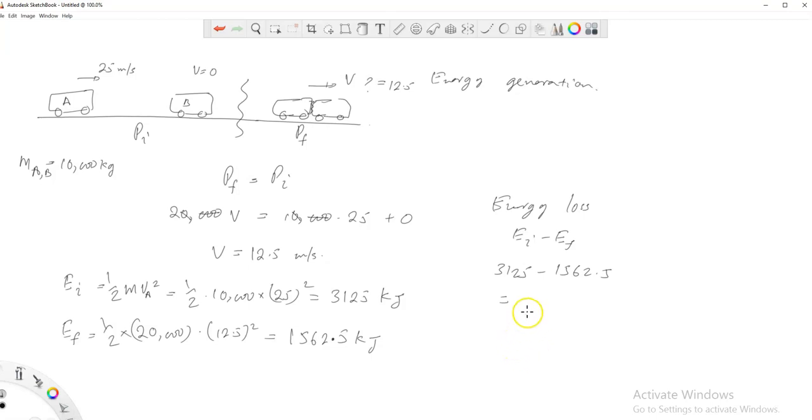Oh, half of it. That much energy it's going to lose. Alright, so this is definitely an inelastic collision. If there's an energy loss, if the final energy is less than initial, it's an inelastic collision. Okay, so we will work on more examples like this.